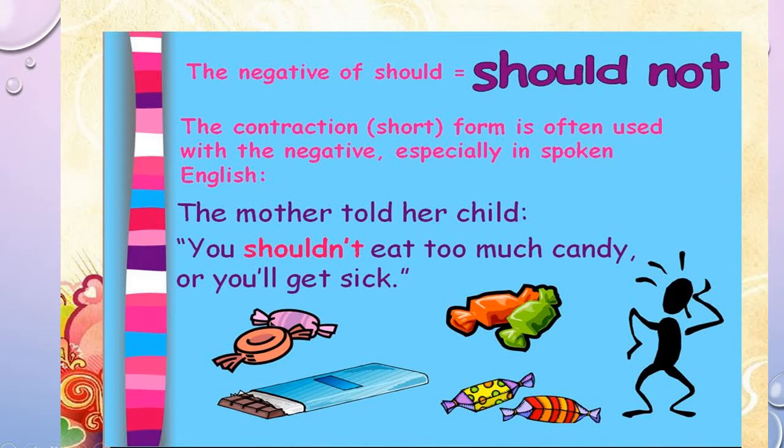That means shouldn't. Look at the example. The mother told her child, you shouldn't eat too much candy or you will get sick. Here, the mother advises her child not to eat too much candy. So, it is an advice.